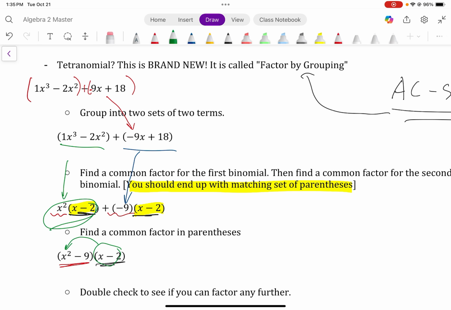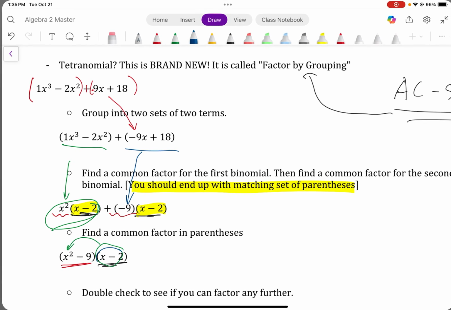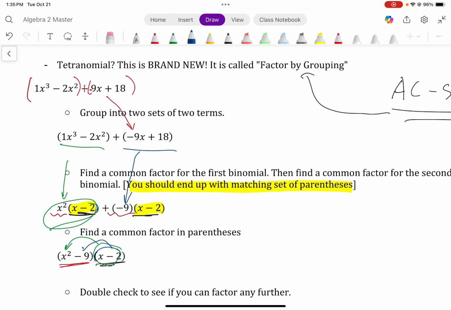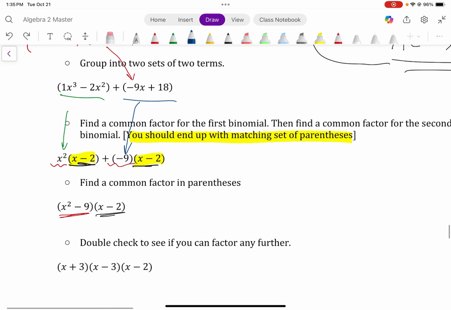That's this first piece. Then you take x minus 2 times this negative 9, which is that second piece. Right? That's a secret kind of hidden factor out of GCF that you don't really think about, but that's why this works. Now, what we did is we factored out a common factor.